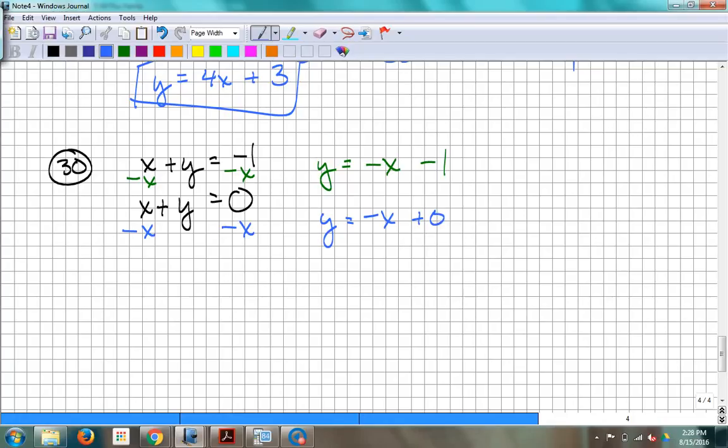This one has a y-intercept of -1. This one has a y-intercept of 0. So that's why this would be no solution, because these slopes are the same. Both have a -1 slope. So no solution, or inconsistent.